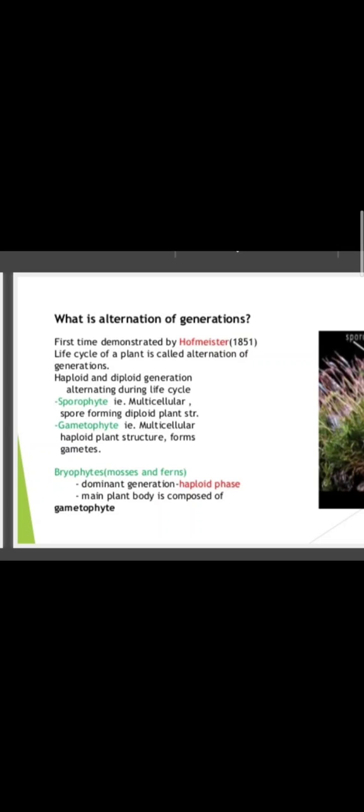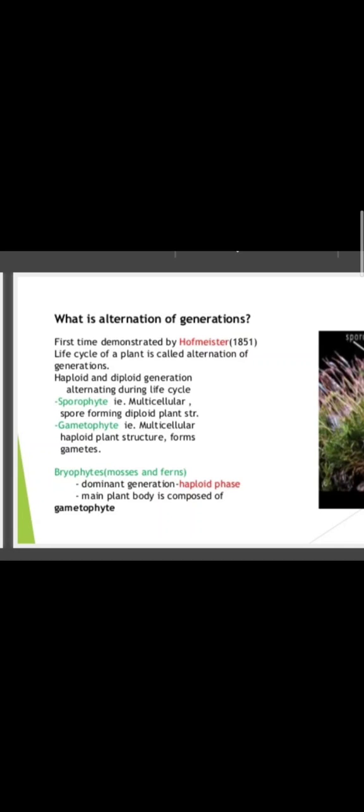I discussed in my previous video a term, haplobiontic life cycle. Haplobiontic means the life cycle in which the haploid phase is long and the diploid phase is short. So the presence of haploid and diploid generations represents alternation of generation during the life cycle.